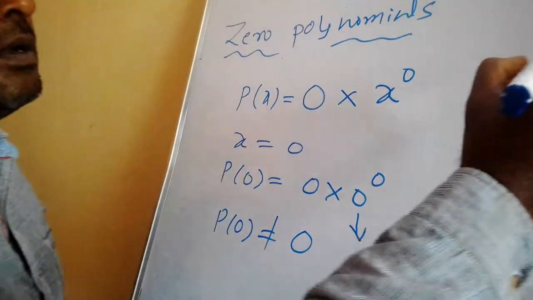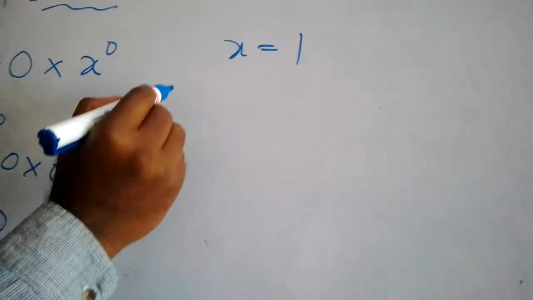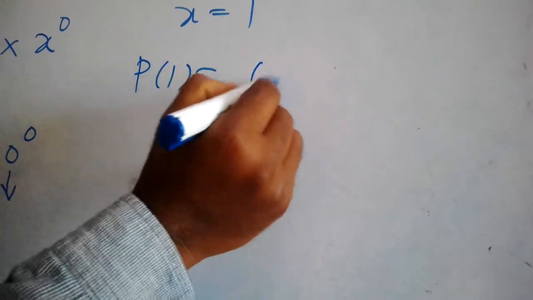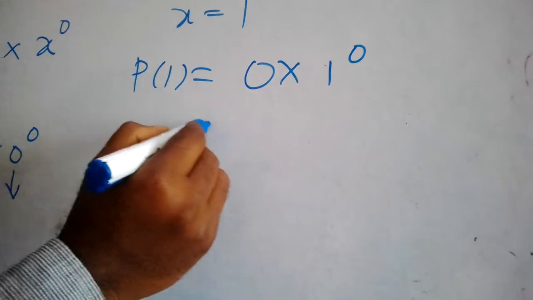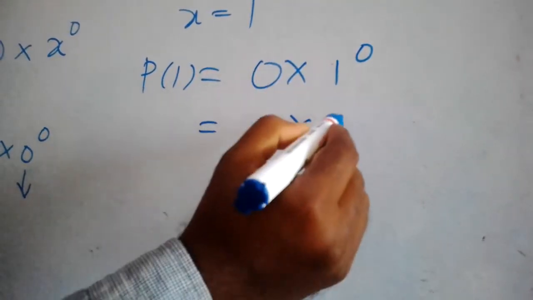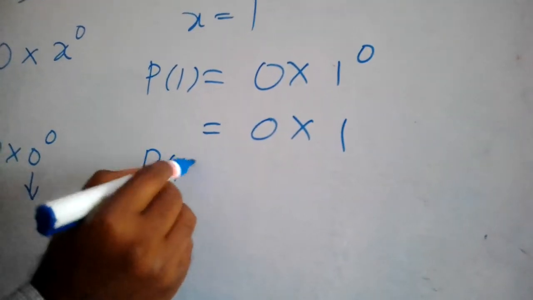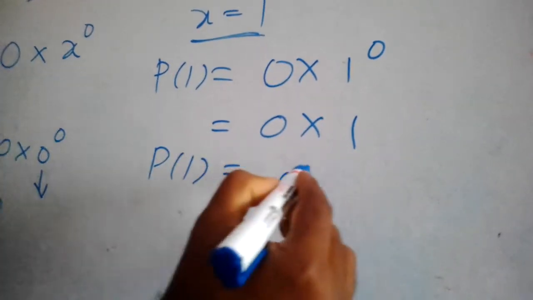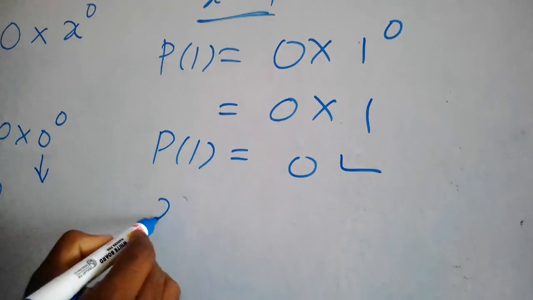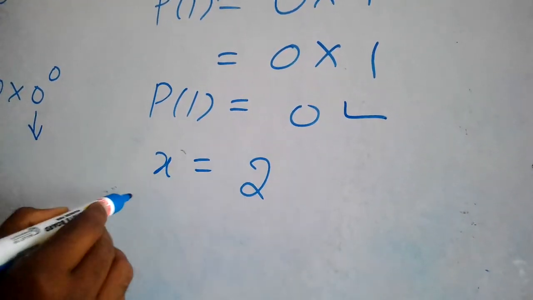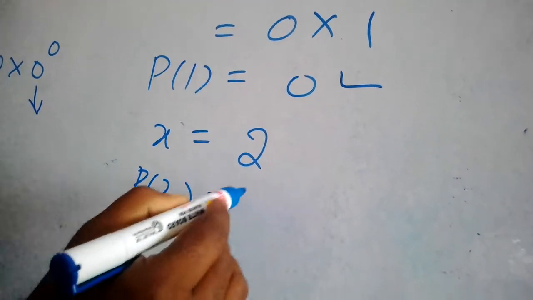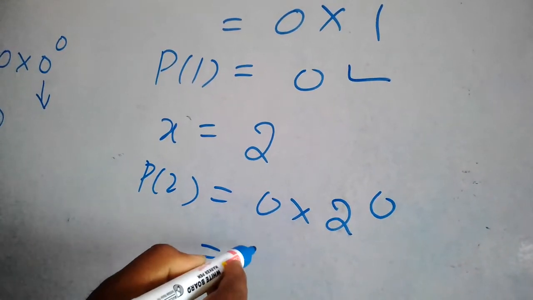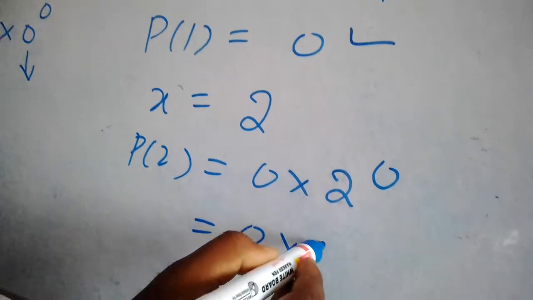Next I will substitute x equal to 1 here. P of 1 is 0 into 1 raised to 0, which is equal to 0 into 1, so p of 1 equals 0. For substituting x equal to 1, we are getting 0 here. Next, x equal to 2. P of 2 is equal to 0 into 2 raised to 0, which is 0 into 1.